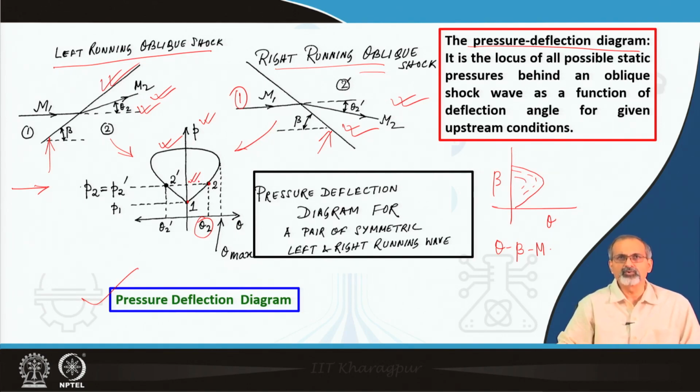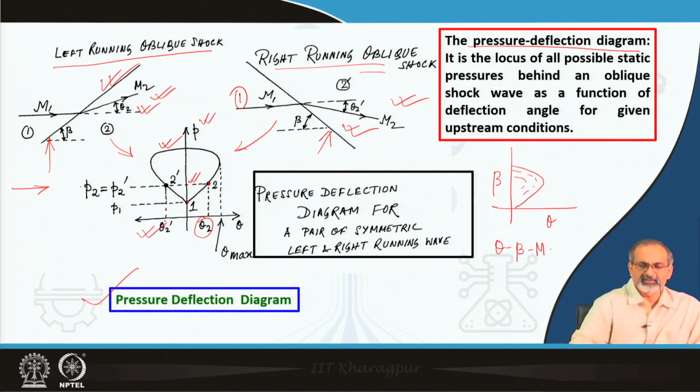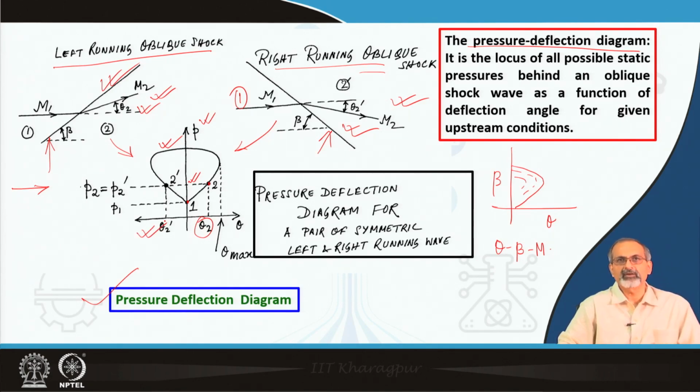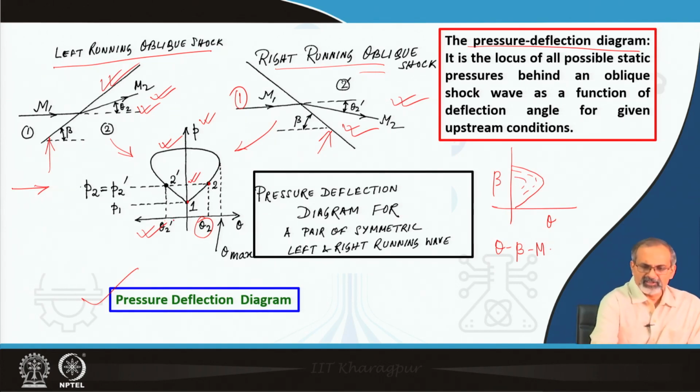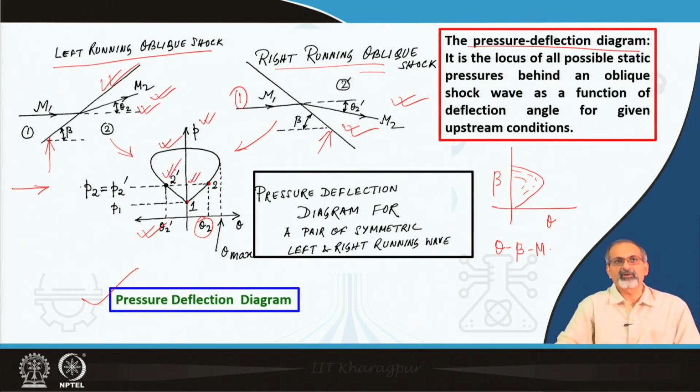Again, if theta 2 dash is the negative of theta 2, then it is represented on the negative side, because the direction of deflection is the other way around. So, it is a negative angle. Moreover, because of the symmetry and identical upstream condition, you end up getting the same pressure rise, corresponding to the point 2 dash, where P2 and P2 dash are identical.